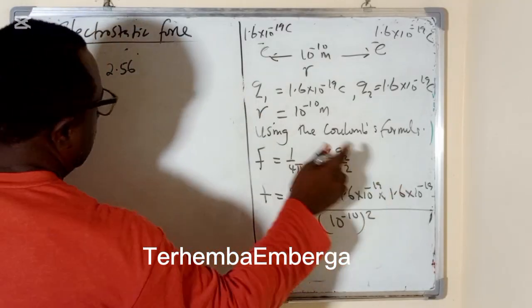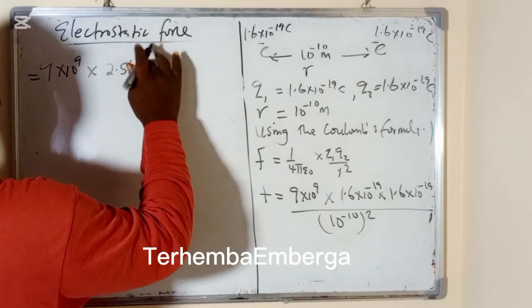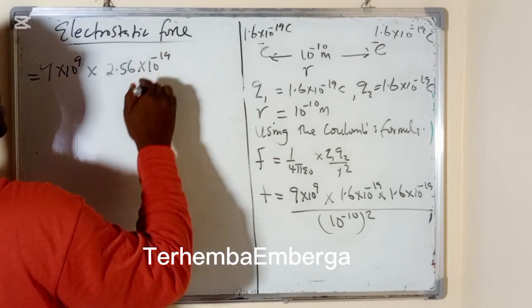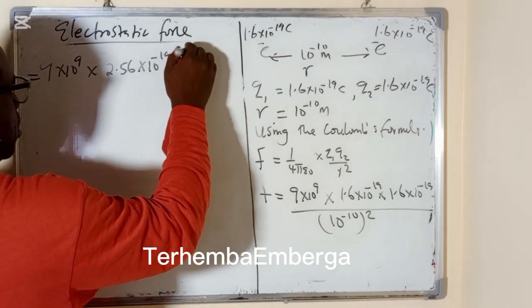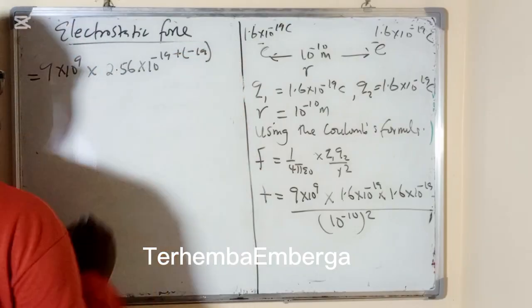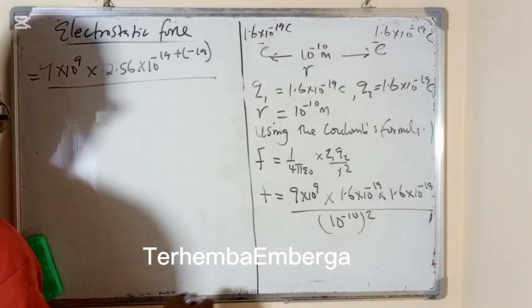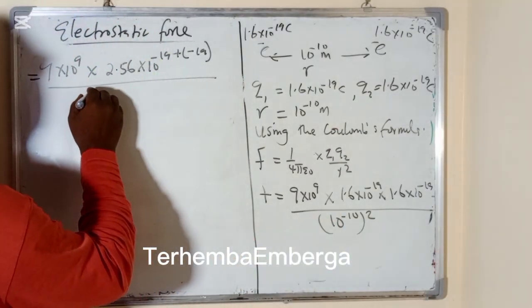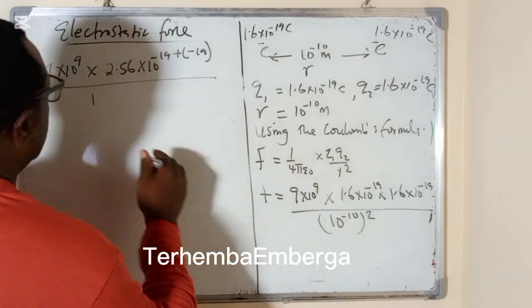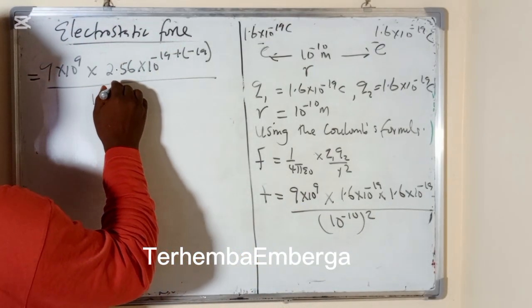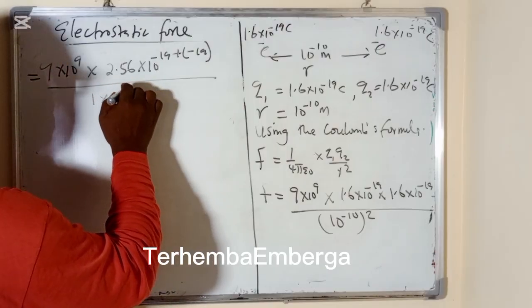Then the powers are the same, so we'll have 10 raised to the power minus 19 plus minus 19. You can remember this. Divide by 1, and if you square this, it will give us 1 times 10 raised to the power minus 20.